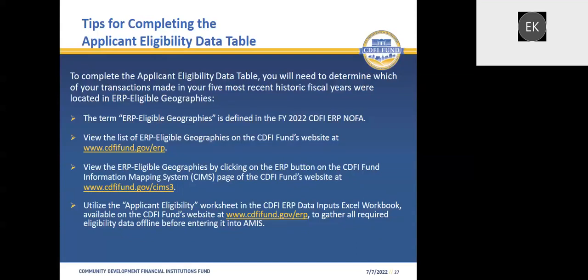www.cdfifund.gov/CIMS3. Utilize the Applicant Eligibility Worksheet in the CDFI ERP Data Inputs Excel Workbook, available on the CDFI Fund's website at www.cdfifund.gov/ERP to gather all required eligibility data offline before entering it into AMIS.